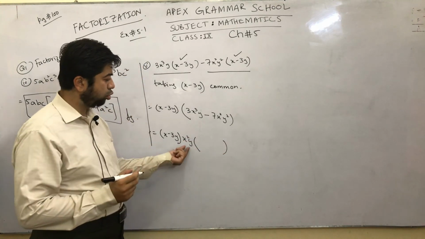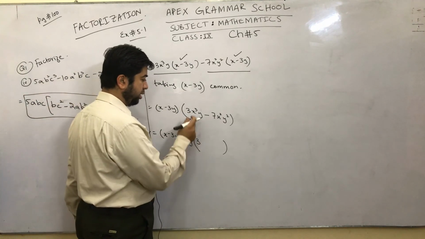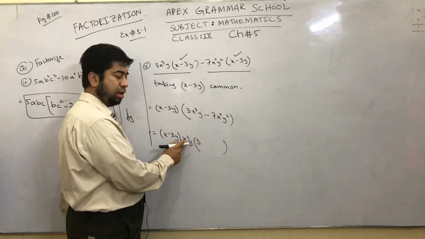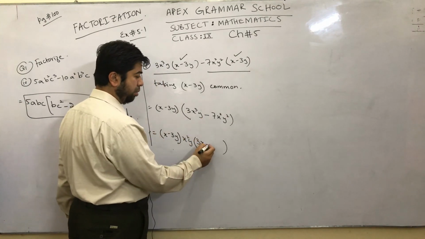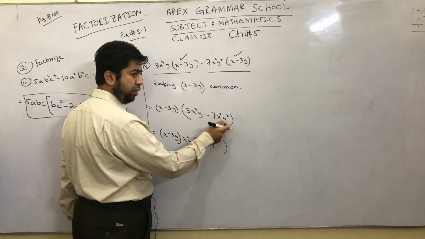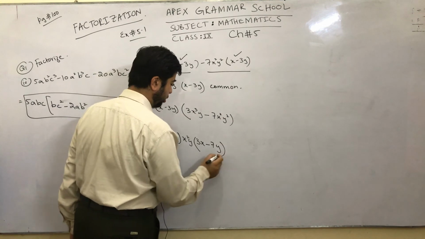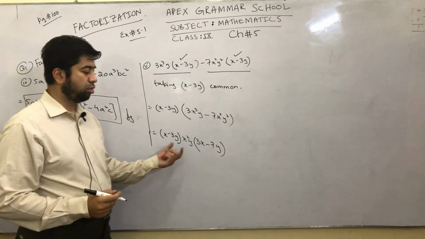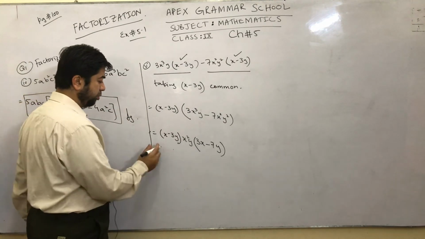Now x square y is common from this expression. From 3x cube, x square is outside, so x and y is left here, minus 7. X square is outside here, and from y square this y is outside here, 7y. So now this is the factorized expression.